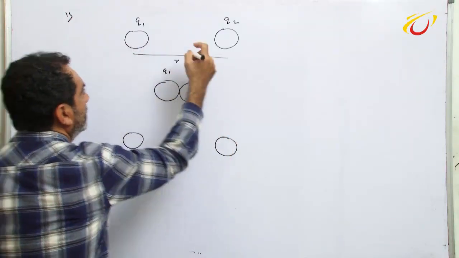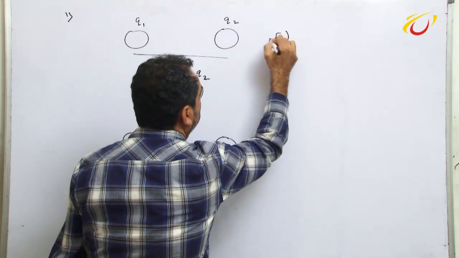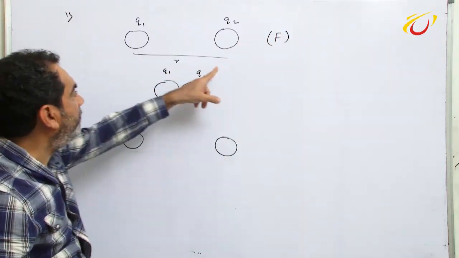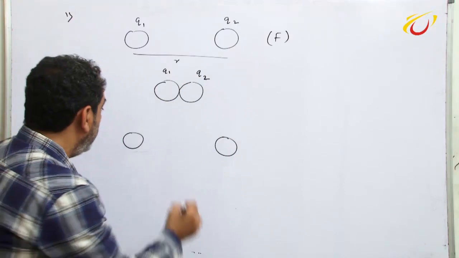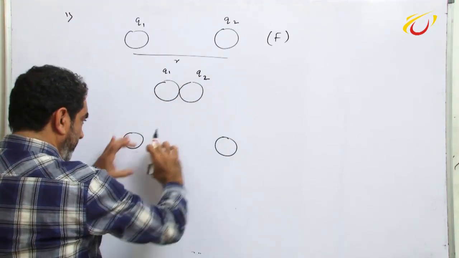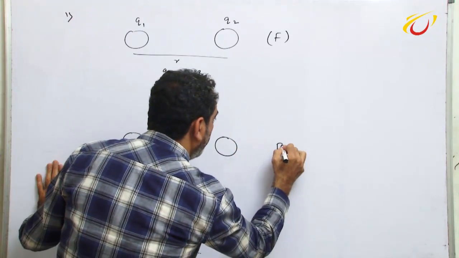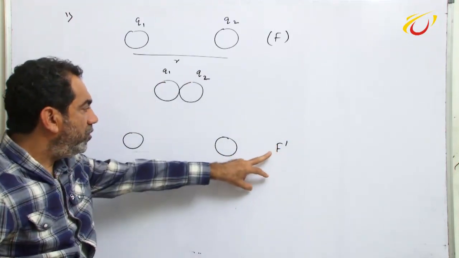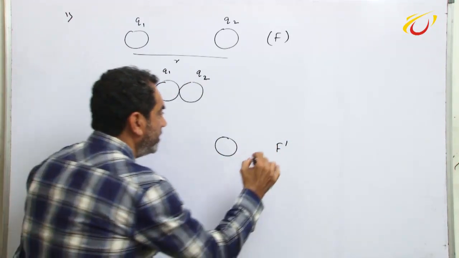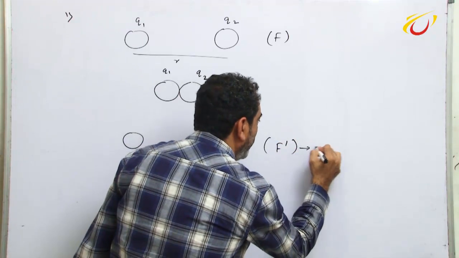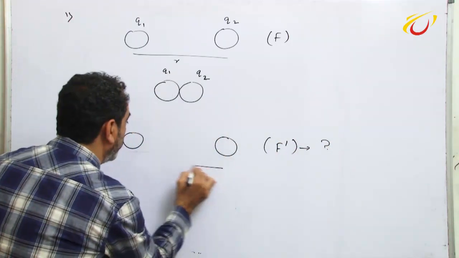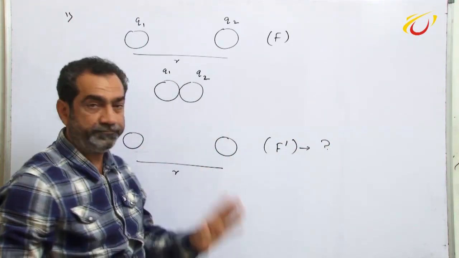Suppose the force here was F. Now the new force after touching and separating is F dash, and your job is to calculate F dash. Of course, keep the same distance.